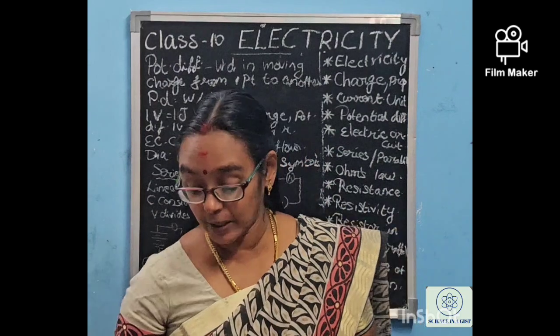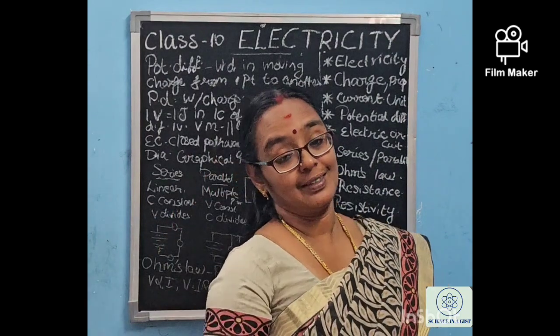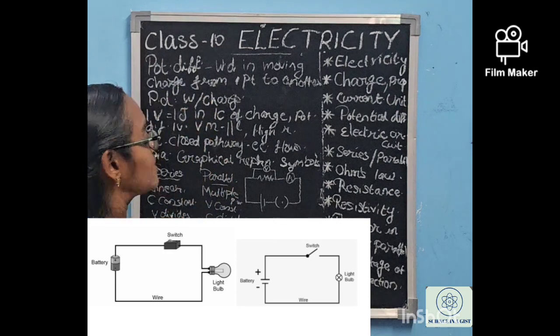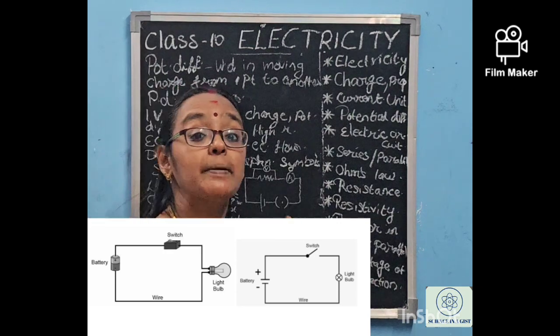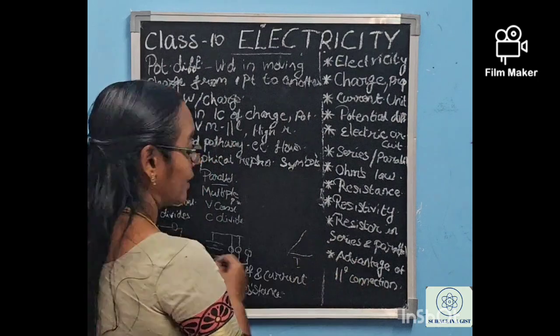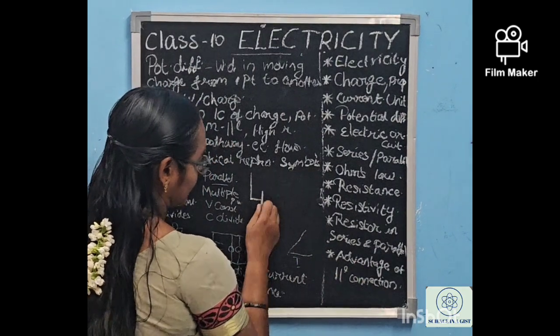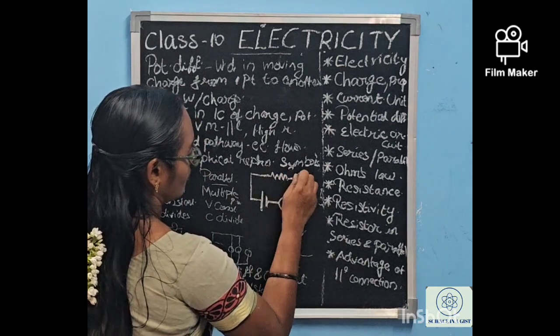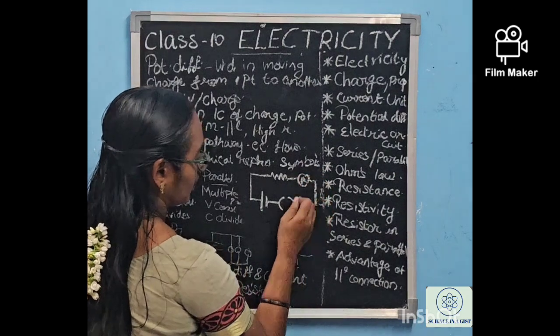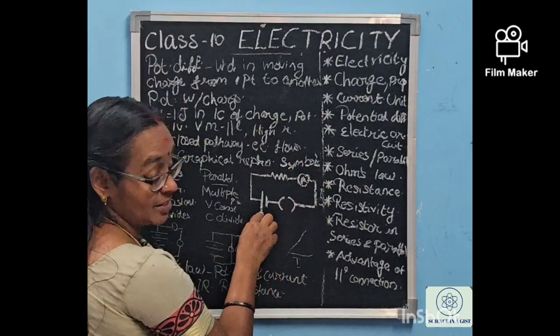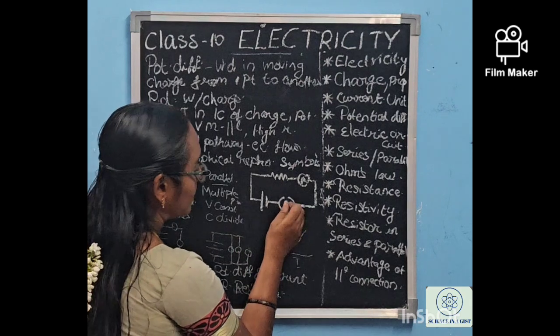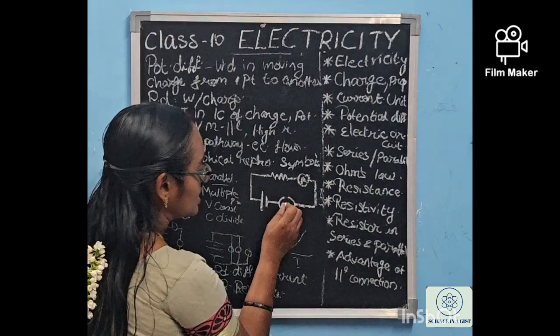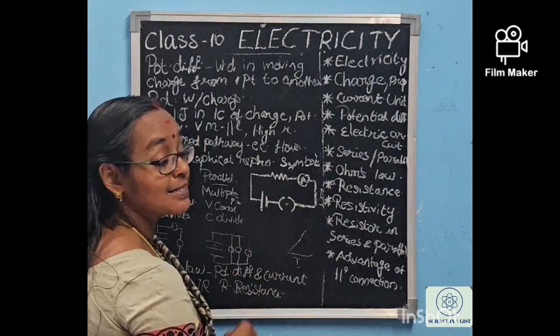A circuit can be easily represented by using a diagram. A diagram is a graphical representation of it. It will have what? More symbols. I am drawing an electrical circuit. This is the battery, isn't it? This is the plug. If there is a point here, it means the circuit is closed.